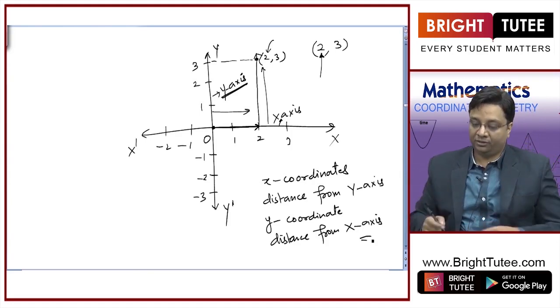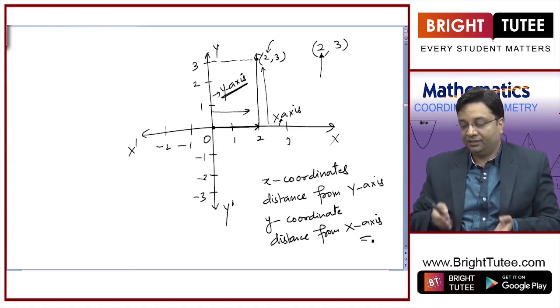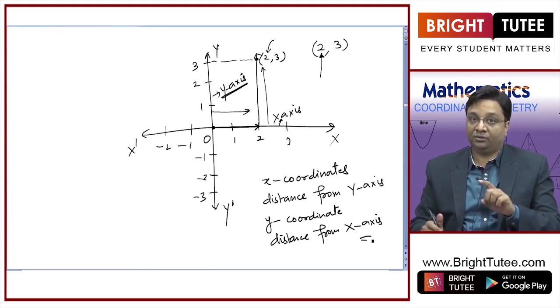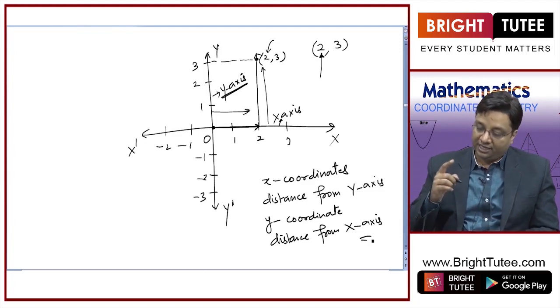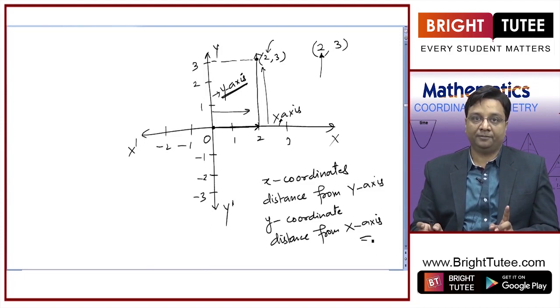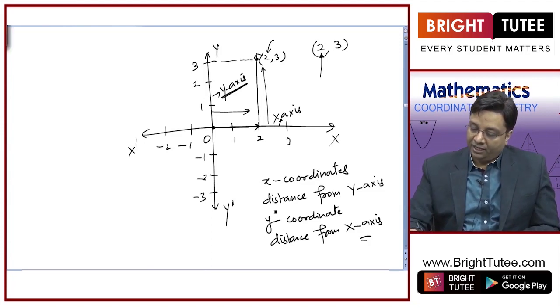Or you can say the other way around, that x coordinate is the distance from y axis and y coordinate is the distance from x axis. Now the distance cannot be negative, but x coordinate and y coordinate can be negative depending on the direction we are going. Okay, one thing.